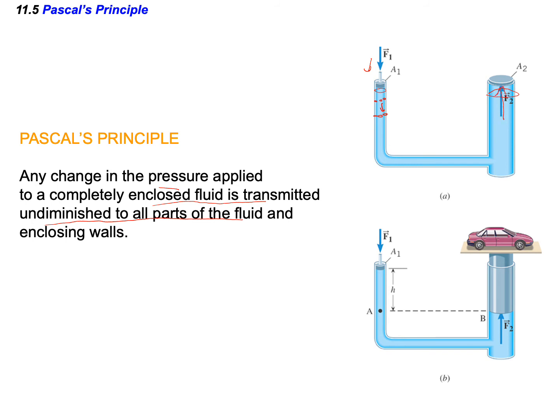The most important aspect of this principle is that you can apply a smaller force and do large work. I will show you when I derive some equations to show you the force on both sides, and how it is related to the areas of both sides of this tube.